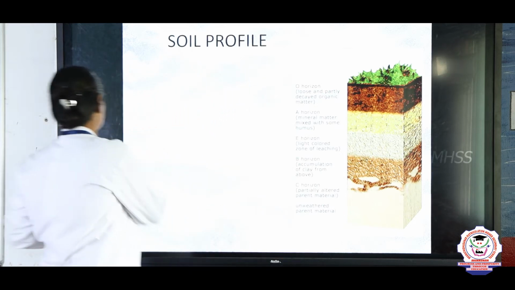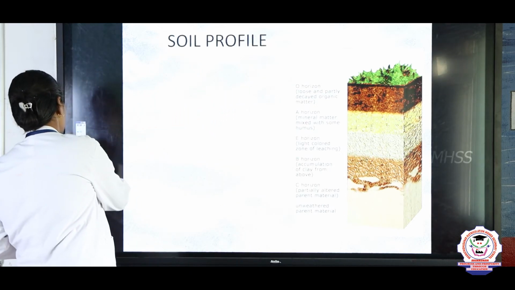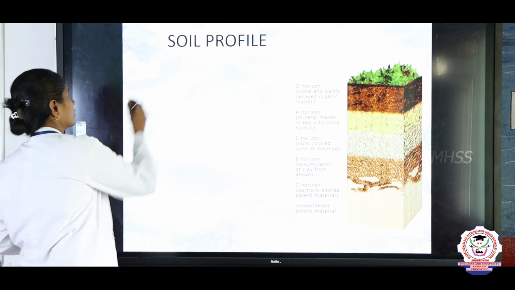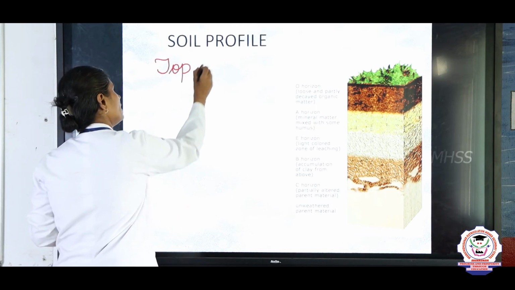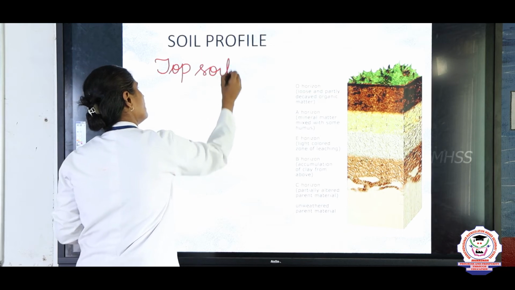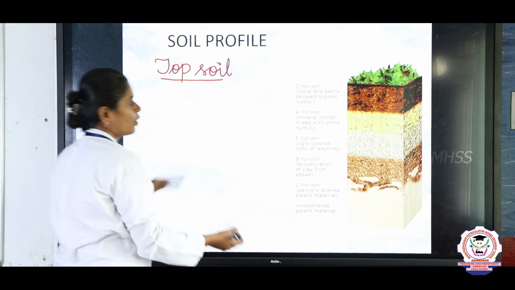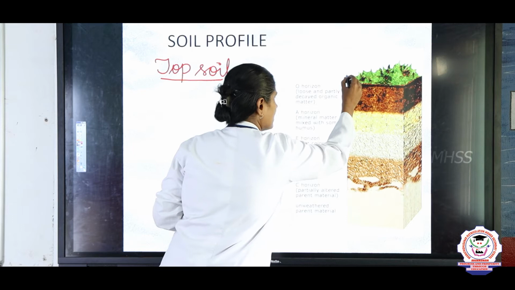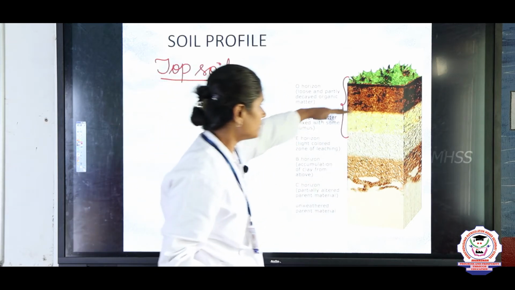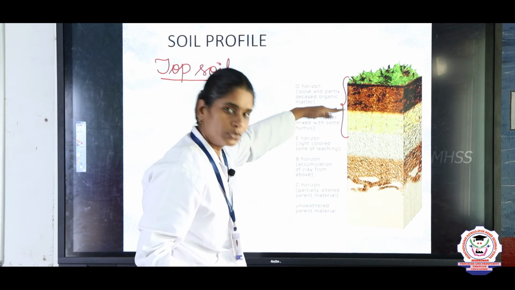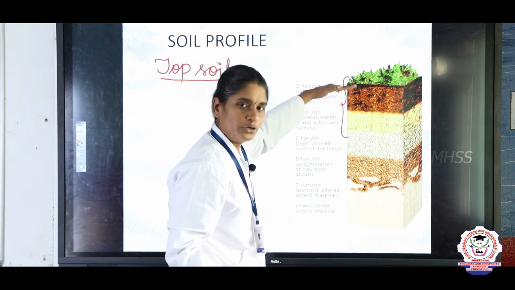The first layer, the top layer, is called topsoil, T-O-P-S-O-I-L. Topsoil is the layer present in the upper region. The uppermost layer of the soil is called topsoil.